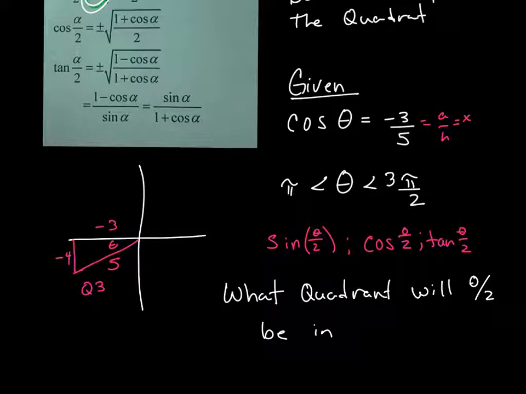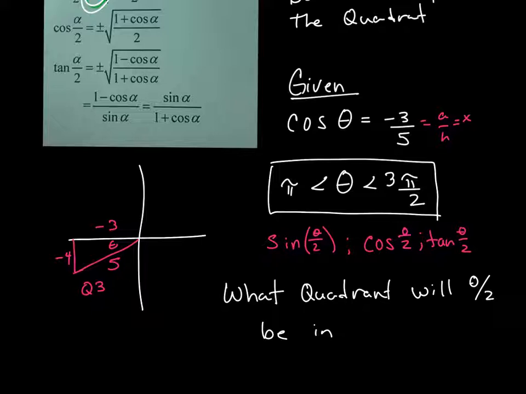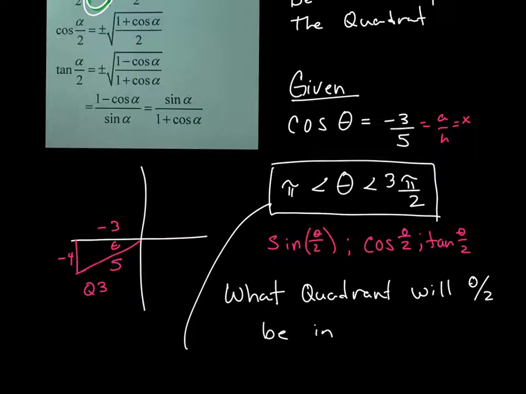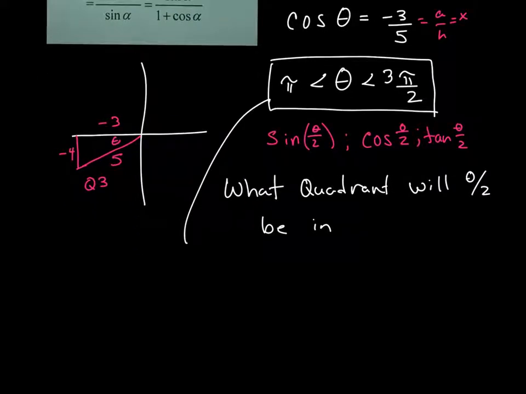So what I have to do is start with my given piece. Right now I know that theta is in between pi and 3π/2. So I have to take that interval and divide that interval in half, and the reason is I'm taking half of that angle.